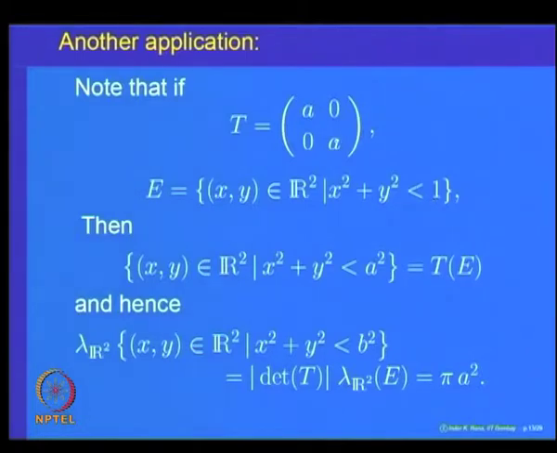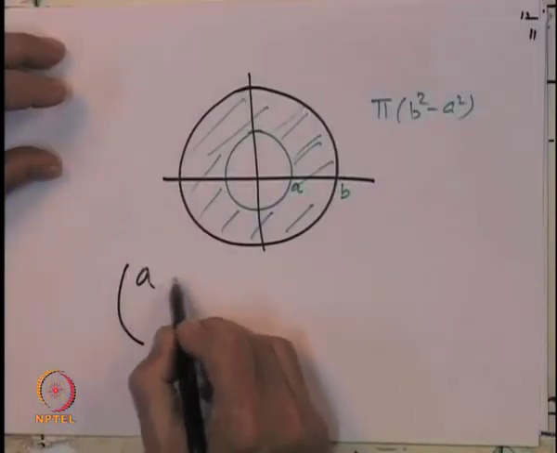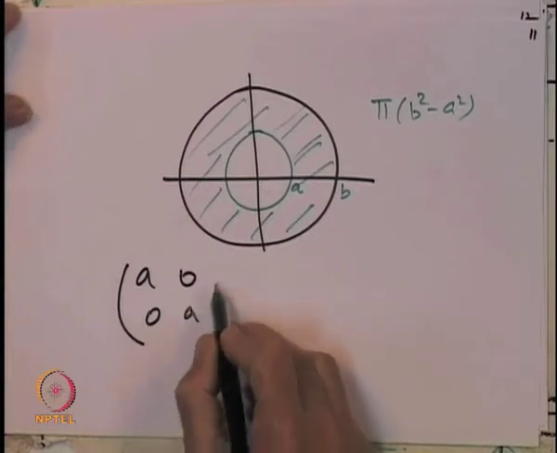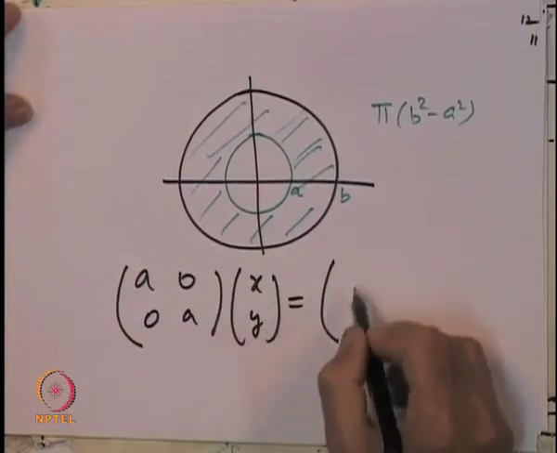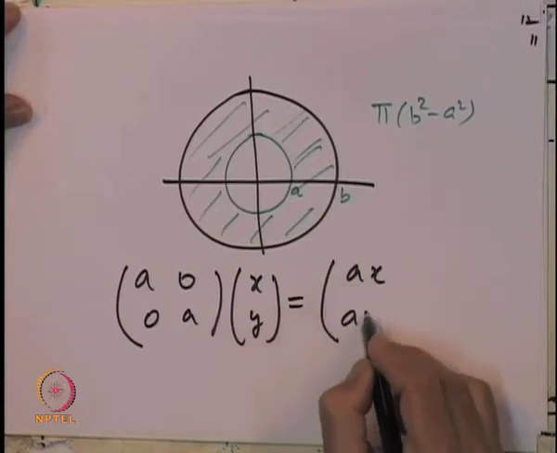Then, if we look at any point here and transform it according to this T, let us look at what that will look like. So, let us look at the transformation a 0 0 a, and let us look at a vector x y. So, that gives us the vector a x a y.